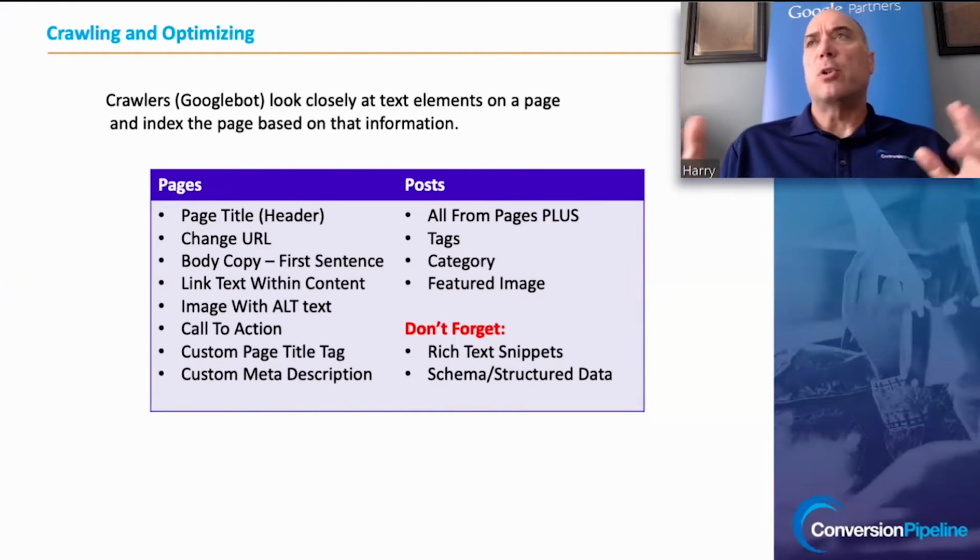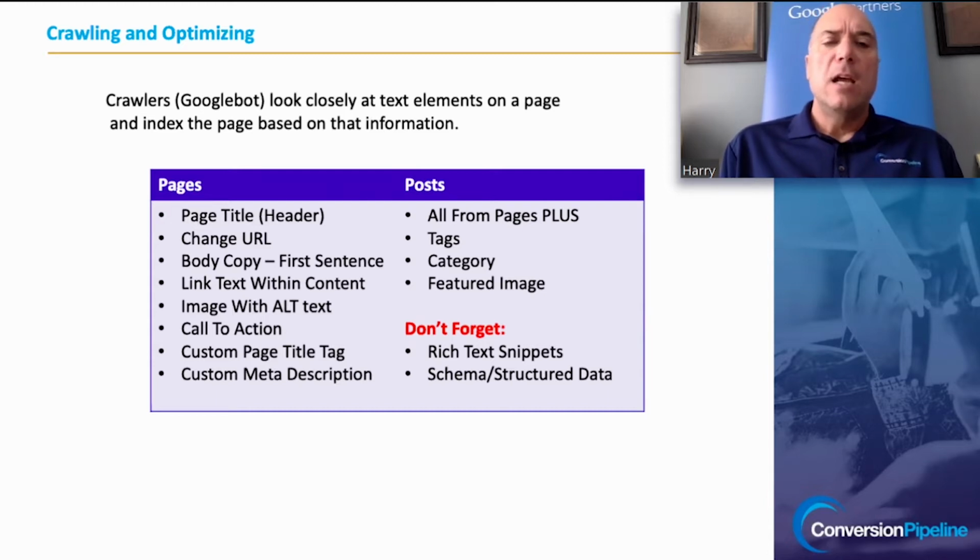So for example, if the page has a title that's 60 characters or something like that, and the title is "Get the best Apple related computer peripherals around," the crawler immediately knows, because of the text contained in that title tag, that we're not talking about the fruit, but we're talking about the computers.